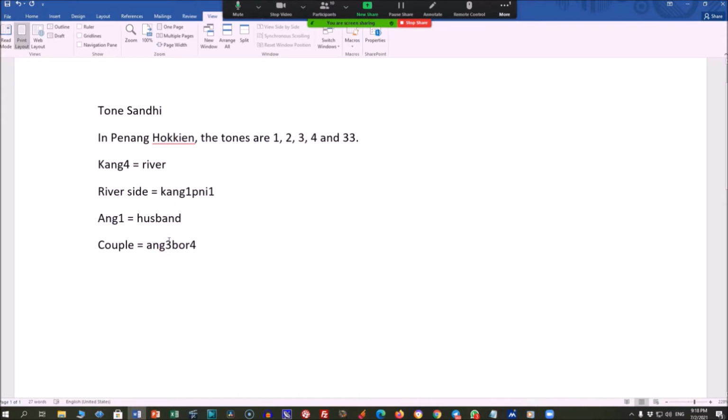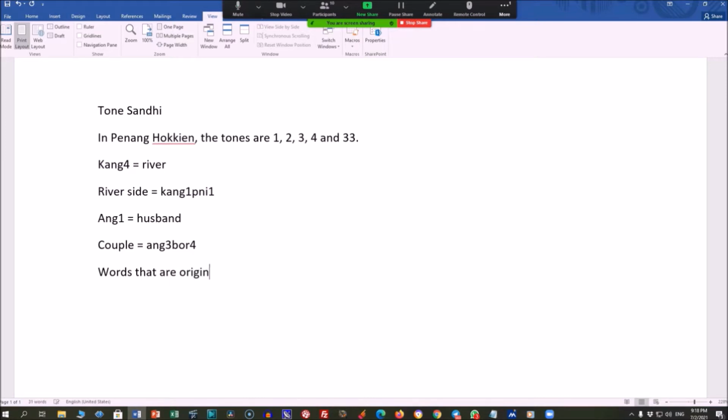So with all words, when you join them together, the word on the left side or on the front side will change its tone, while the one behind, the last one, does not change its tone. So Bo with a tone 4 remains the same. This is so for all words.